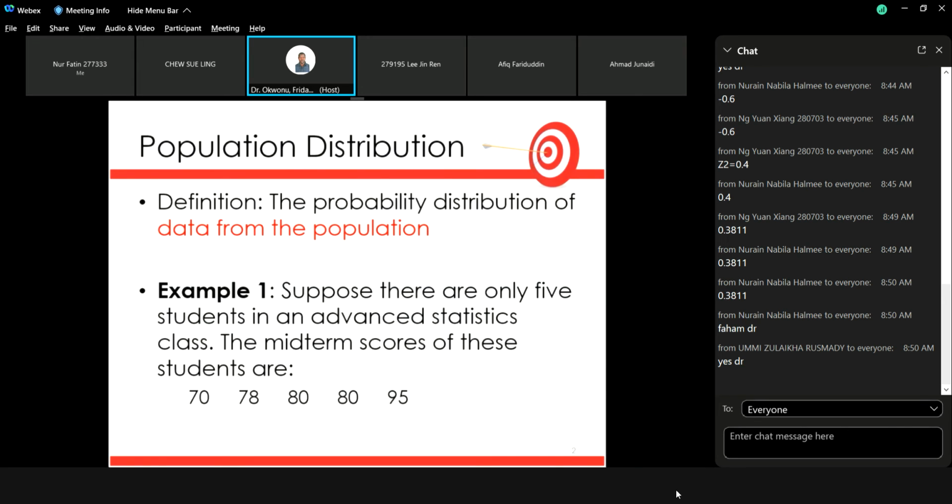Okay, you know, I have told you guys in a previous discussion that when we talk about the population, we are talking about every individual that is located in the particular area of interest. For instance, we want to talk about the population of people in Sintok.